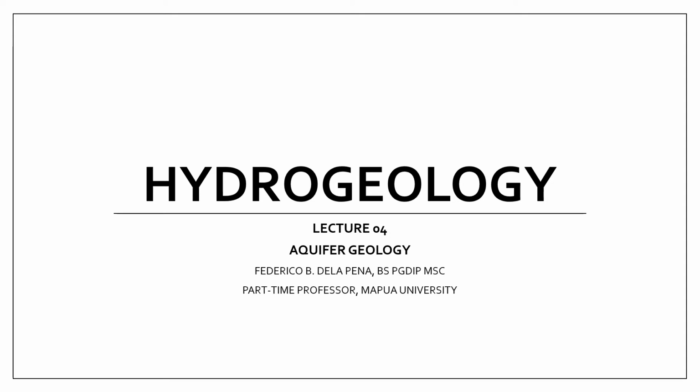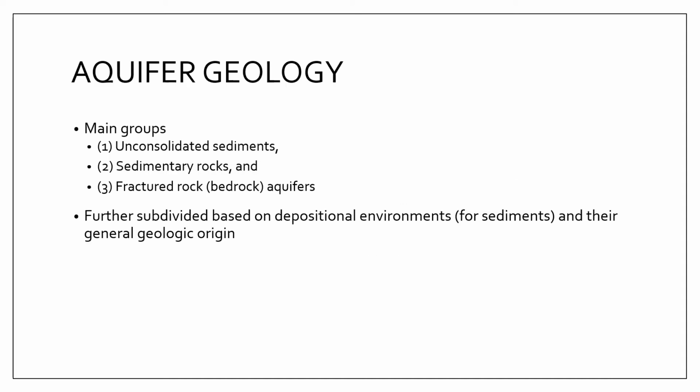All right, so this is all about starting with more or less the genesis of your aquifer and using those clues to build up our understanding of the aquifer. Now, there are three main groups.